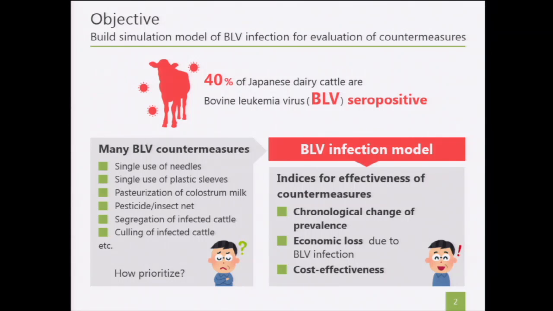In this study, we built a BLV infection model to help decision-making on BLV measures. The final objective of the study is to make indices for the effectiveness of BLV countermeasures, such as chronological change of BLV prevalence, economic loss due to BLV infection, or cost effectiveness of BLV countermeasures.